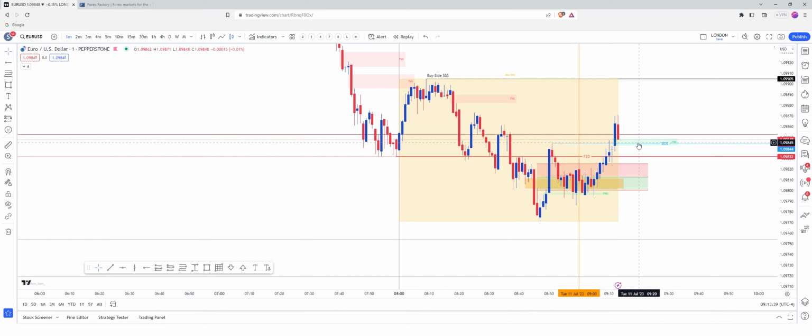Obviously no fair value gap at the moment. We've swept this liquidity and started breaking back into that range, and I've been more tempted to look for shorts because we've had a liquidity sweep into optimal trade entry, which was at this area, and we're pulling back into the range now of that liquidity sweep.